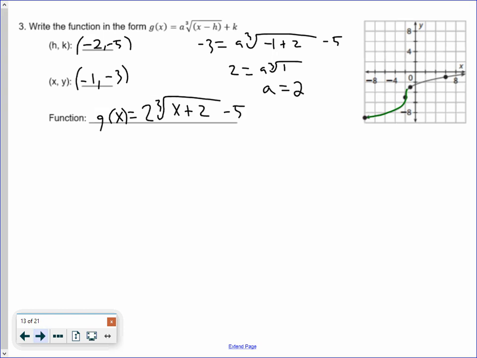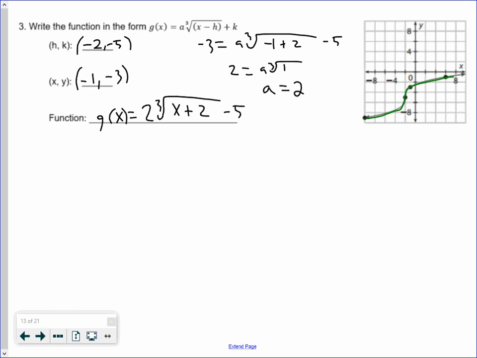All right. So for number 3, this is what you should have gotten. Your hk value should have been -2, -5. And that's because if we look at the graph over here, we're going along normally, and then we shoot up, and then start going back to our normal slope, I guess you can say.